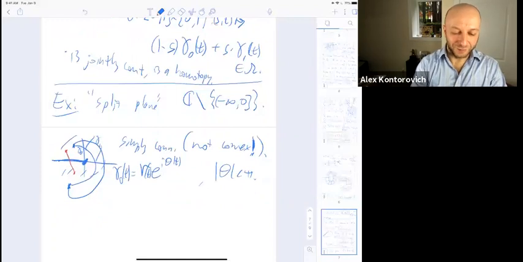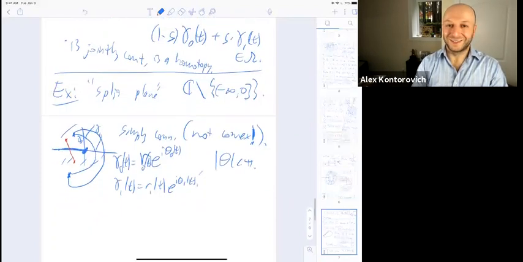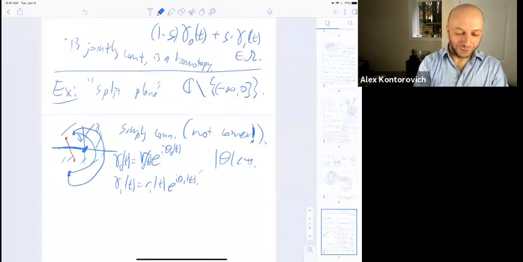And the same is true for gamma 1 of t, r1 of t e to the i theta 1 of t. And so what we really are doing is taking 0 to infinity, this is r, cross minus pi to pi, this is theta.